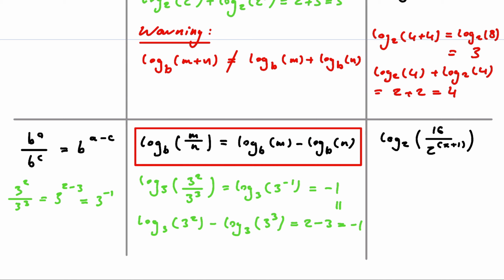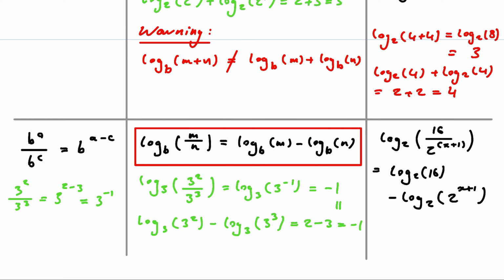So what do I know? I know this has to be equal to, it's a difference. So it's going to be log to the base 2 of 16 minus log to the base 2 of 2 to the power x plus 1. I think I'm going to have to go below here because I'm running out of space.